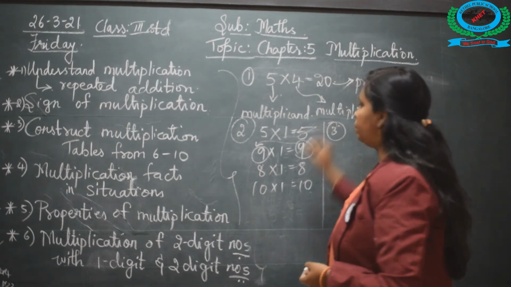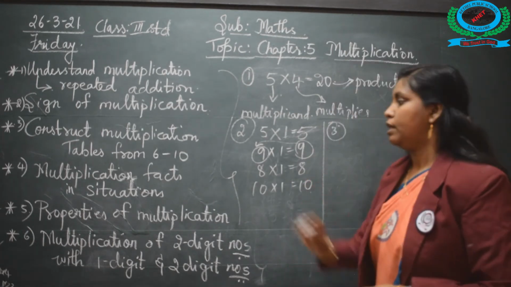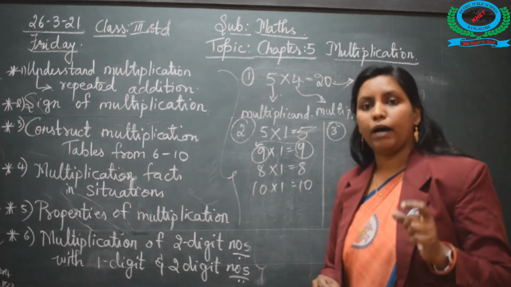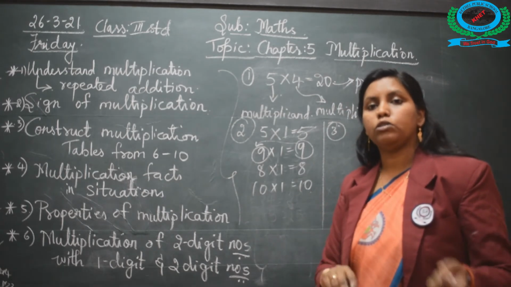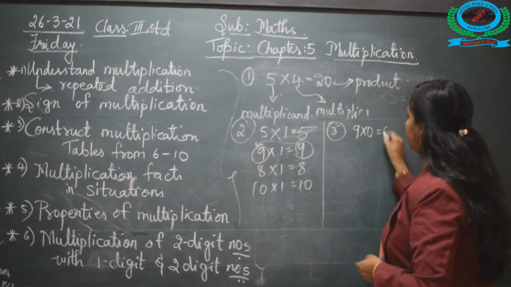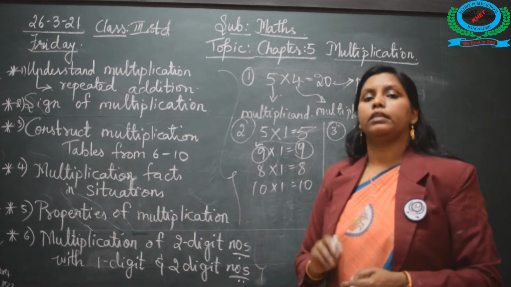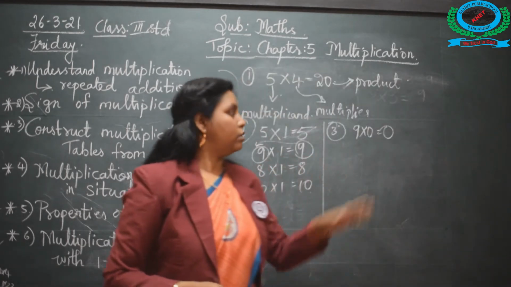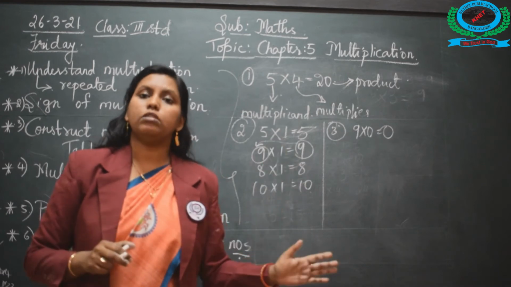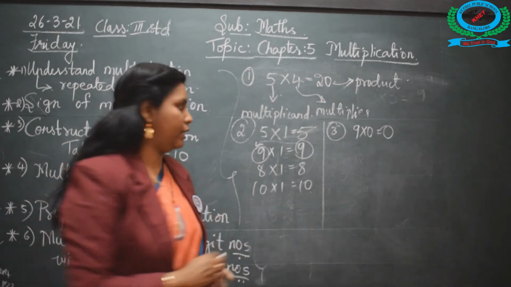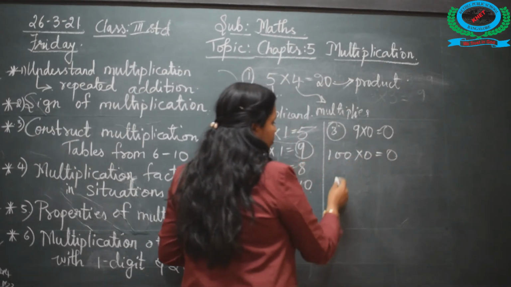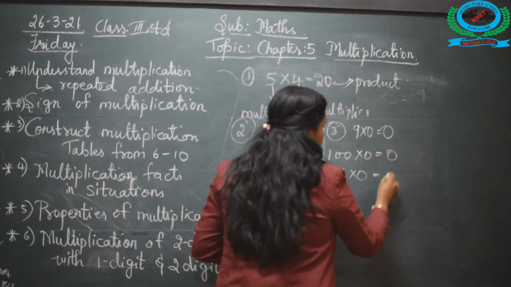What is the third property of multiplication? The third property says that when any number is multiplied by 0, the product is also 0. For example, 9 into 0 is 0, 100 into 0 is 0, 1000 into 0 is 0 only, 11 into 0 is 0.